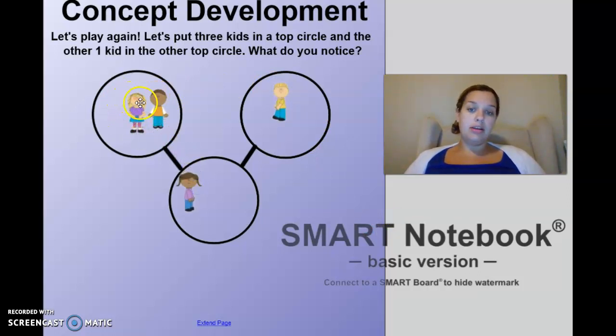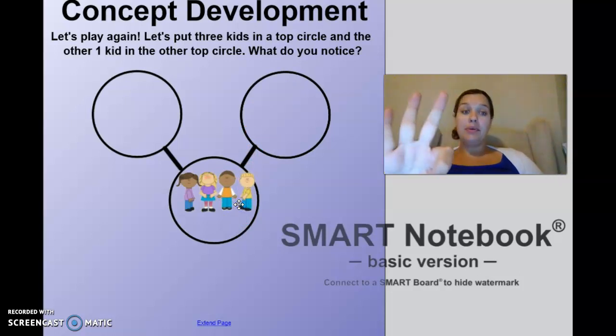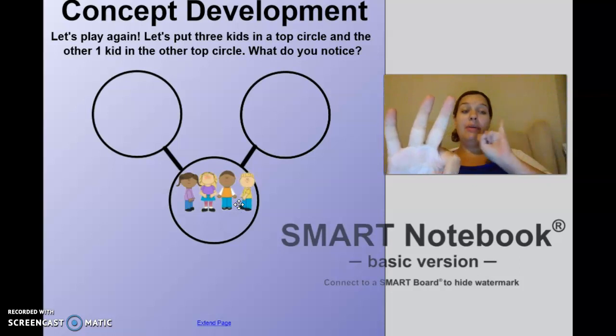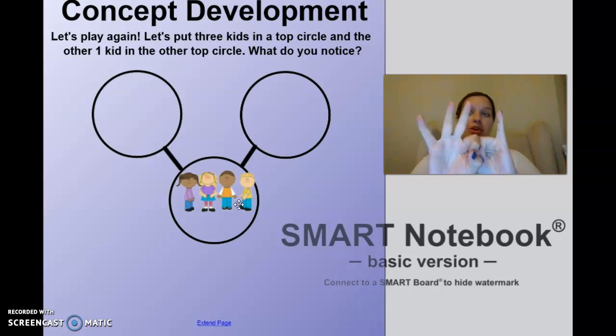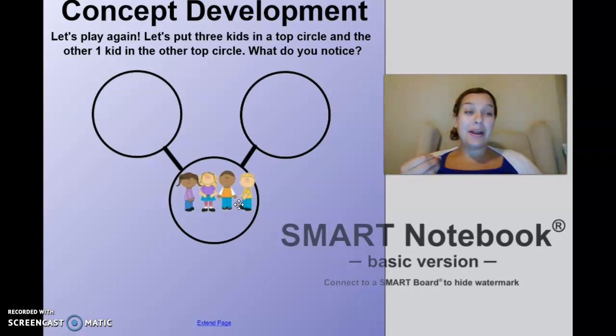So 1, 2, 3. And then 4, because he comes to the party, right? So we had 3 on one circle, one part. We had 1 on the other. We can say that 3 and 1 makes 1, 2, 3, 4.